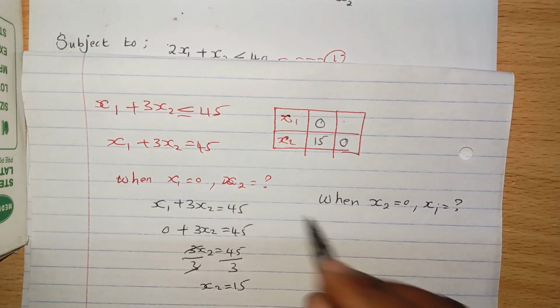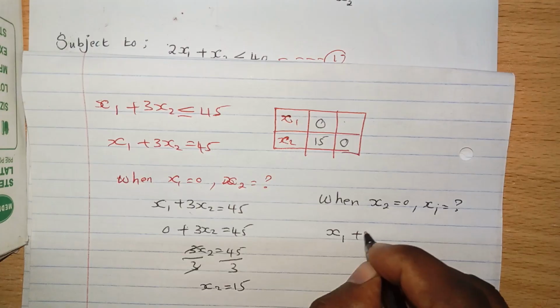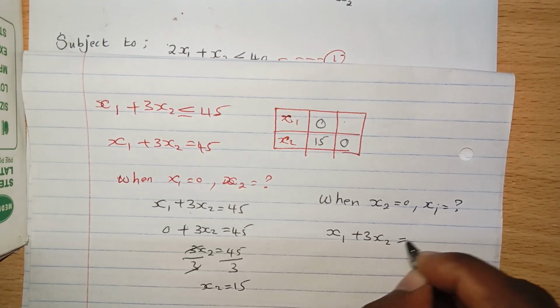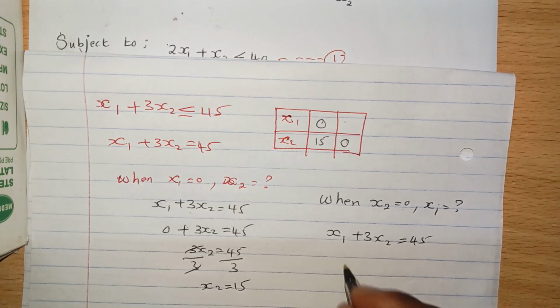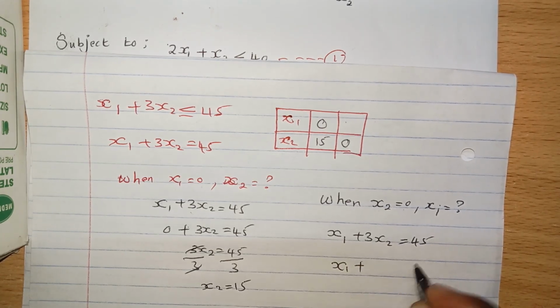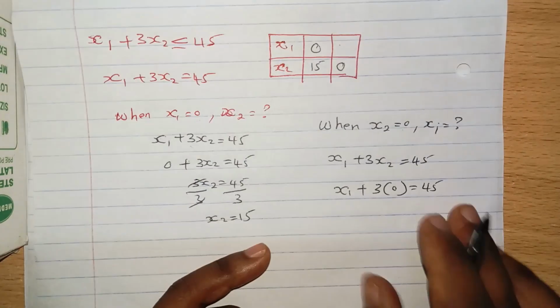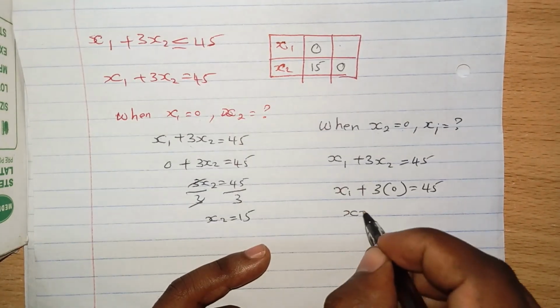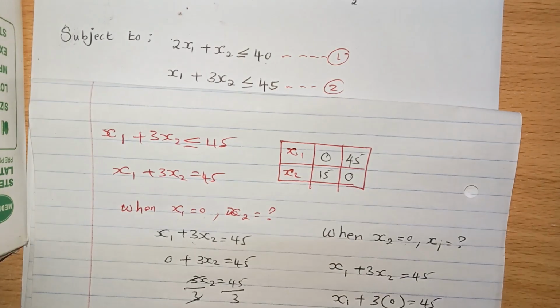So in this case, because we have the constraint function, which is x1 plus 3x2 is equal to 45, we replace x2 with 0. So x1 plus 3 in bracket 0 is equal to 45. So this x1 is equal to 45. So you write here 45.